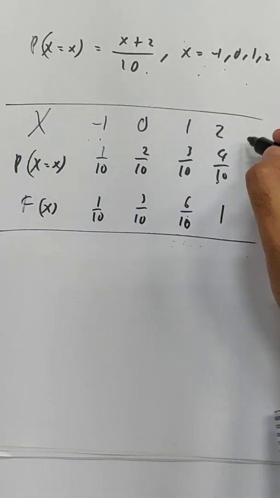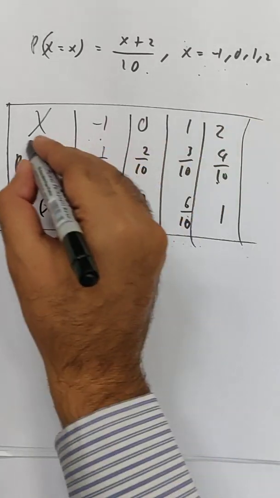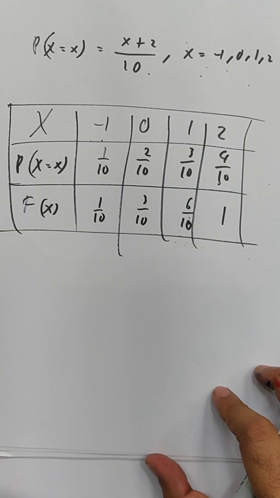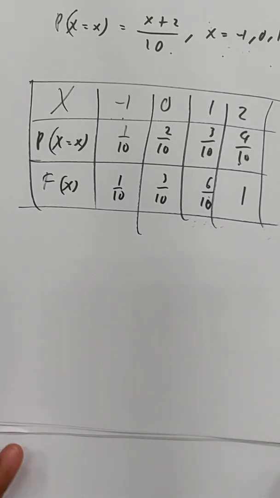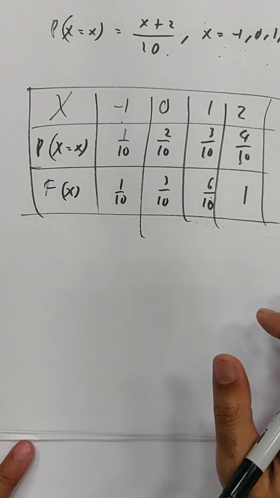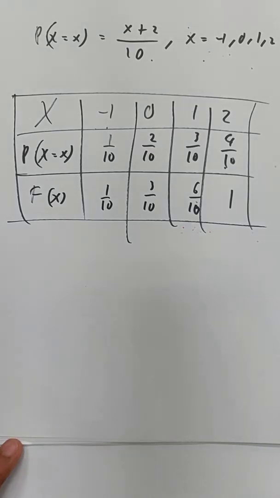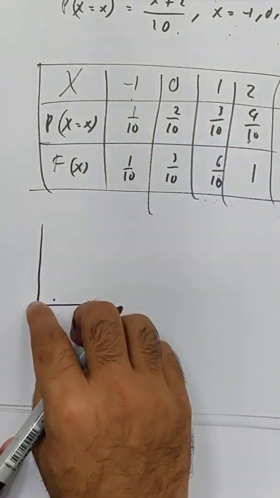Now, let me ask you an extra question which is not in the lecture note. Draw me the graph for this one and for this one. You might argue with me, sir, negative 1 is over here.